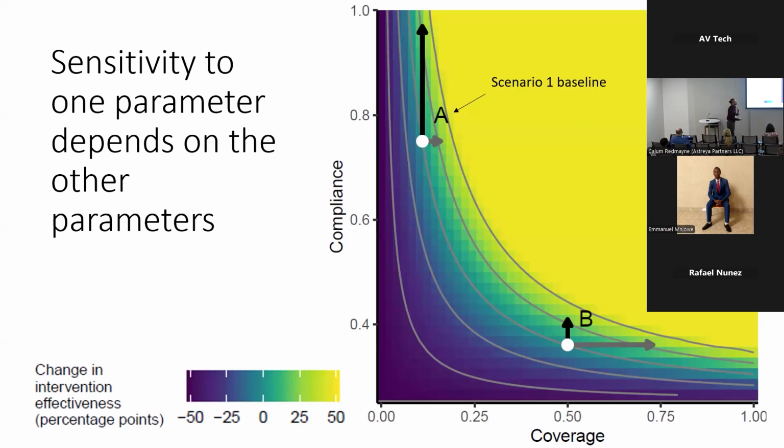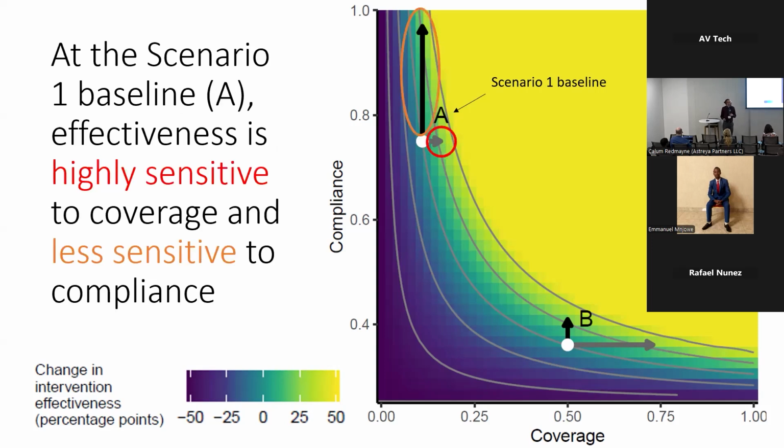so what fraction of the population is included in the study, and compliance, so what fraction of people in the study received and were using the intervention. The color scheme here is the change in intervention effectiveness. If you go all the way to yellow, that's 100% effectiveness, so a full 50 points up, and the dark purple is 0% effectiveness, you're not reducing diarrhea at all.